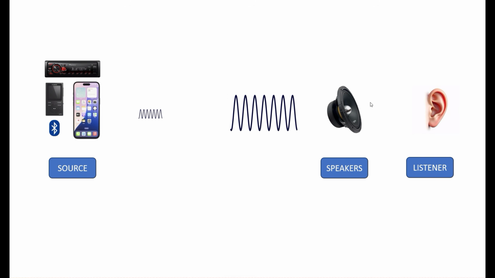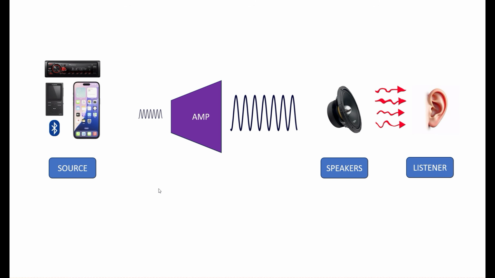So to drive our speakers, to move the cone back and forth and create music, we need to amplify this line level signal and provide the speaker with sufficient power to overcome the magnetic resistance and all of that stuff to make our speaker move in and out. We looked at this during the language of sound tutorial about how speakers operate. So this is where an amplifier comes in.